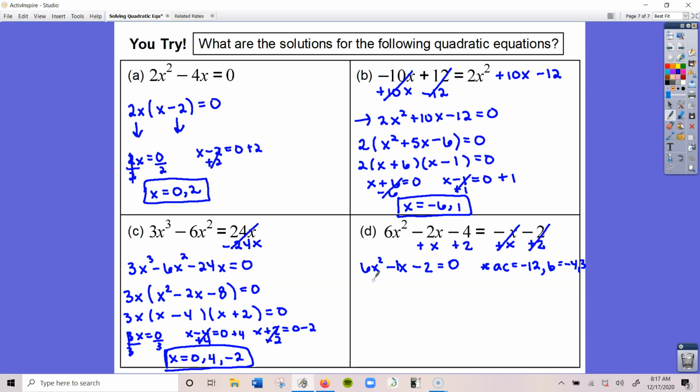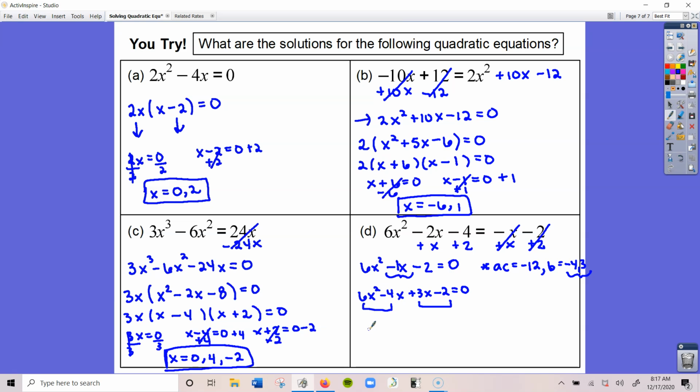So now I'm going to rewrite this quadratic, replacing that negative x with the negative 4 and 3. So 6x squared minus 4x plus 3x minus 2 is equal to 0. Now we factor by grouping. 6x squared minus 4x.